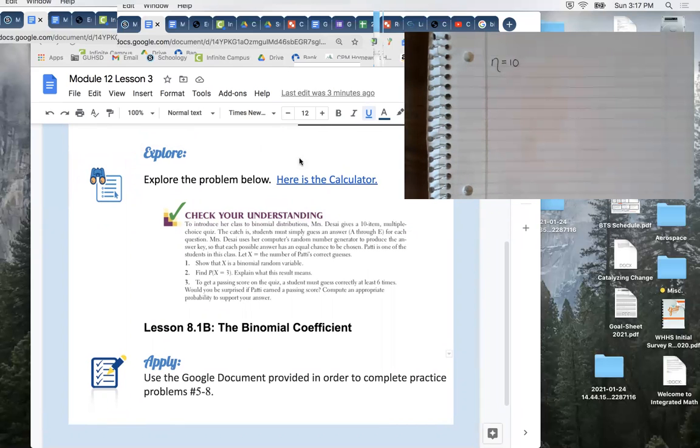The catch is students must simply answer A through E for each question. Miss Desi uses her computer's random number generator to produce an answer key. Basically, this is kind of a guess problem. Patty is one of the students in her class. So we're going to let X be the number of Patty's correct guesses.